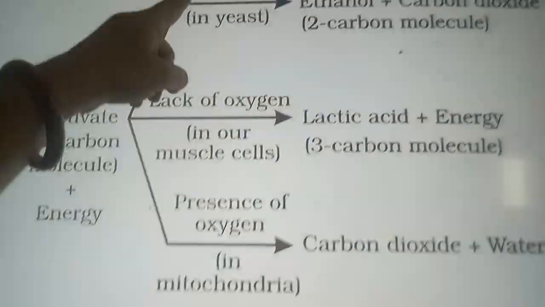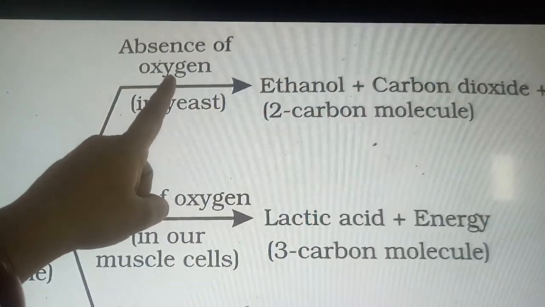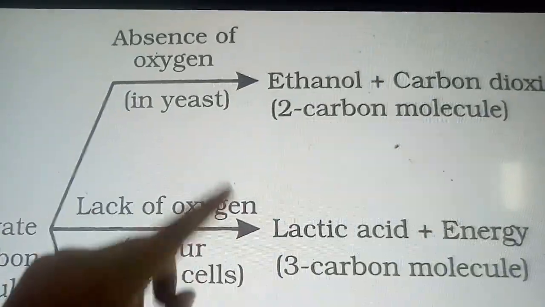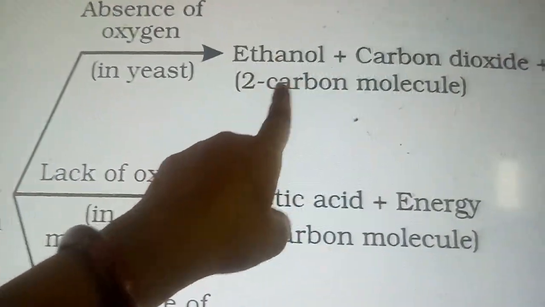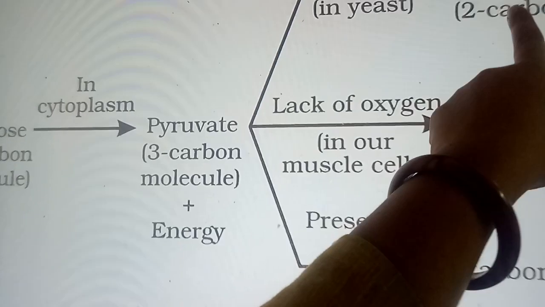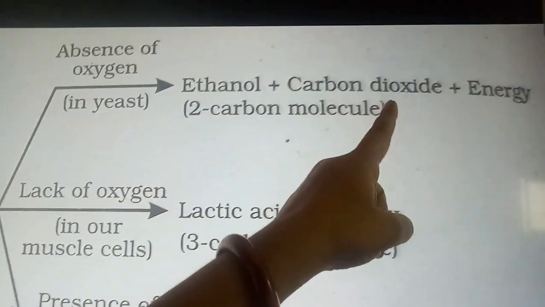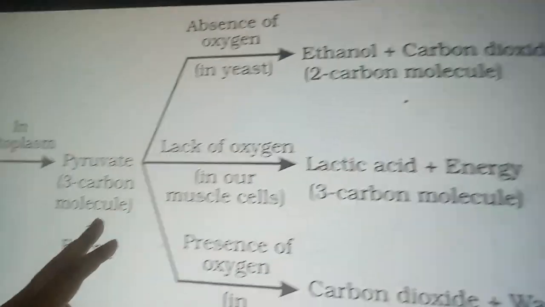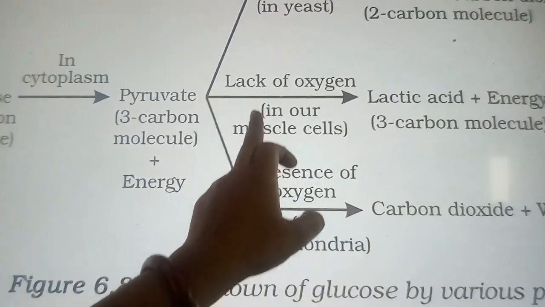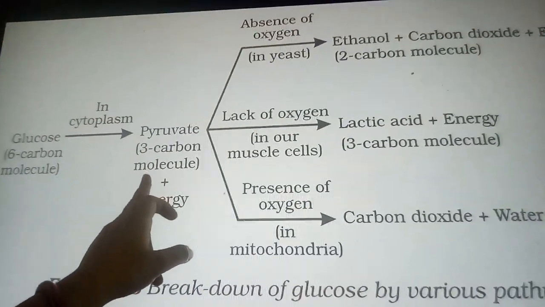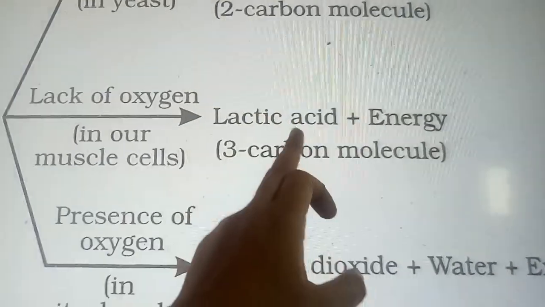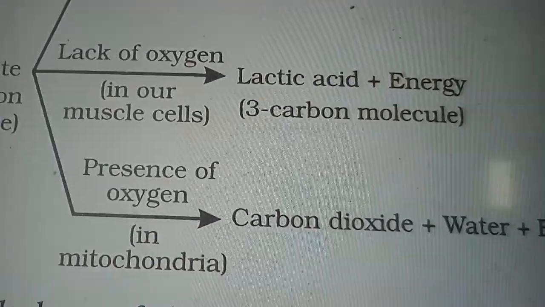Whereas in yeast, in the absence of oxygen, this happens in the cytoplasm, not in mitochondria, and the product is ethanol, where the 3-carbon molecule is converted into a 2-carbon molecule with the liberation of carbon dioxide and energy. And then in a muscle cell, again in the lack of oxygen, the 3-carbon molecule is converted into a 3-carbon molecule of lactic acid with the production of energy.